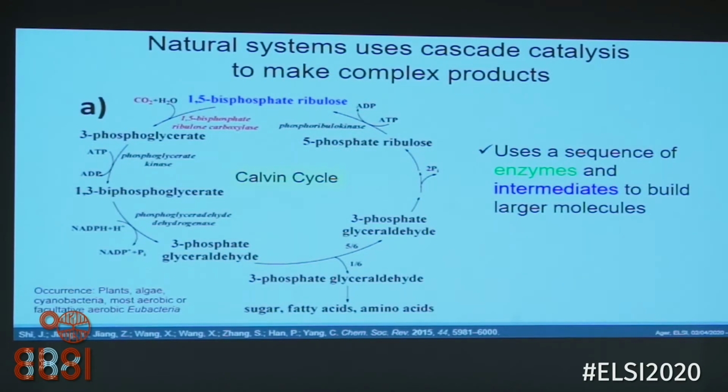I actually came into this backwards. I didn't know very much about how the natural system worked until I started doing cascade catalysis. So I'll remind you of something that probably everyone in the room knows, which is natural systems use cascade catalysis to make complex products. Glucose doesn't use one active site to do the 24 electron reduction of 6 CO2 molecules to glucose.